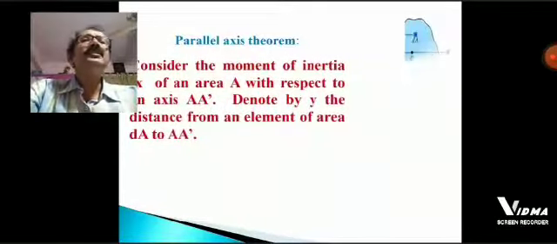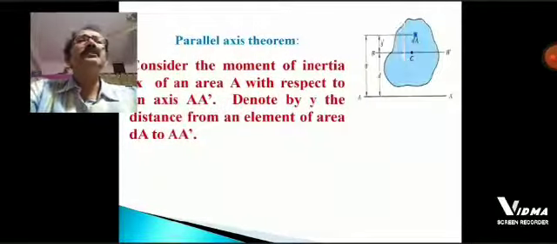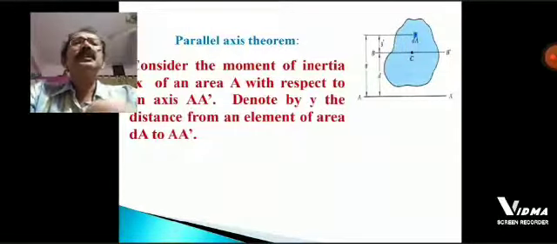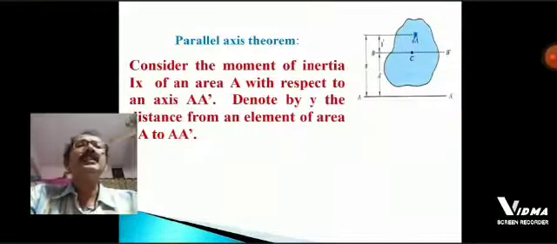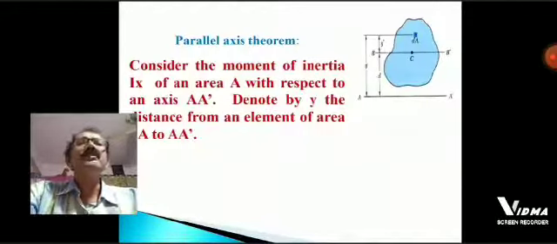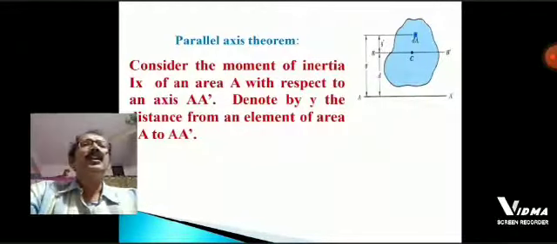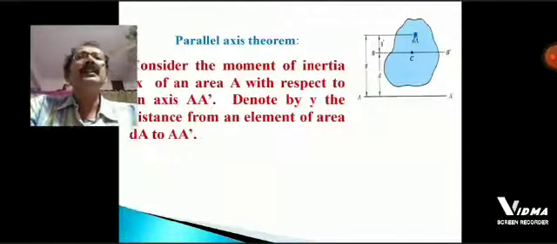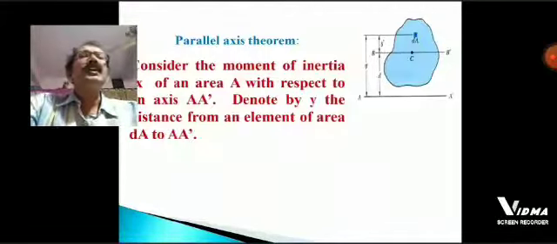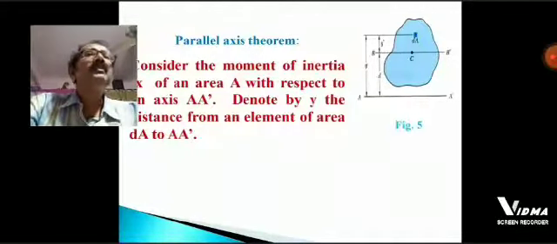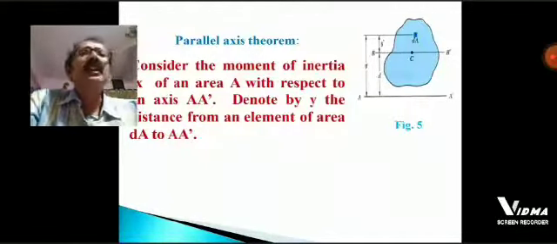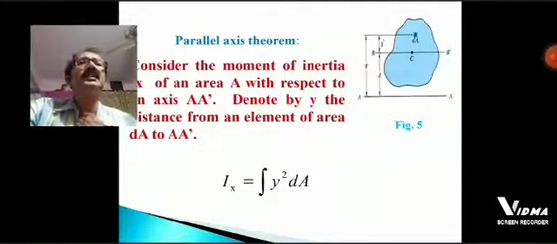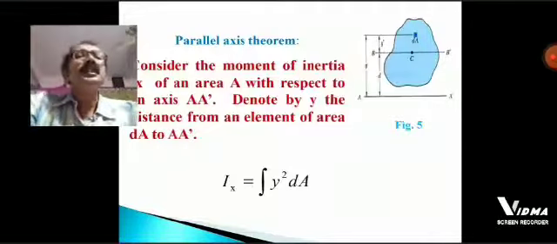Now, for the parallel axis theorem, consider the moment of inertia Ix of an area A with respect to an axis A dash, and denote by y the distance from the elemental area dA to A dash. In this figure 5, it is clear that Ix is nothing but integration y square dA.